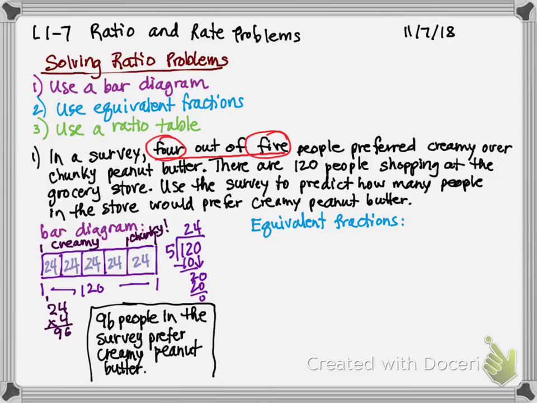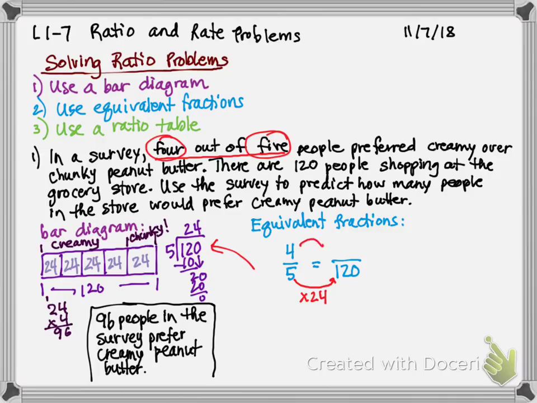Okay, now we kind of already cheated and we've done some of the work without really thinking about it. So we had 4 out of 5, and we want to change that into something out of 120. So what I need to do is to figure out how many times 5 can go into 120. I already know how many times 5 goes into 120 because I just calculated it over here. So I know it goes in 24 times.